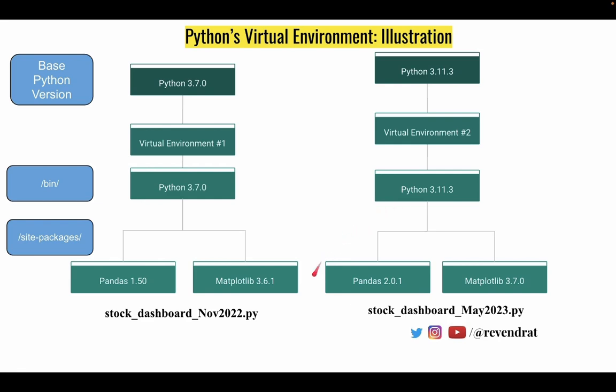Next, you installed the latest versions of the pandas package and matplotlib package, found in the site-packages directory. Here, use this November 2022 Python file for the dashboard requirements. Ensure that all the code breaks due to new package releases are fixed.